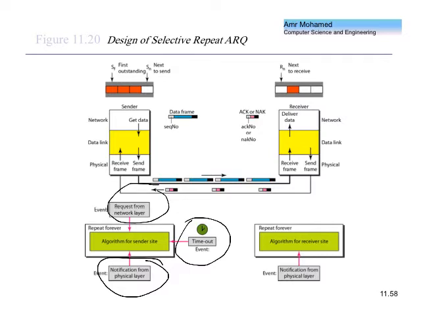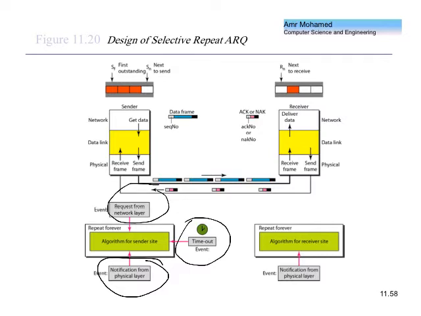So even though the sender will have a window, and the window size is half the sequence number, as we said, unlike go back N, one very important difference here is that we have to maintain multiple timeouts, multiple timers, one for each frame in the window. Why? We'll talk about that. Okay? But this is very important.